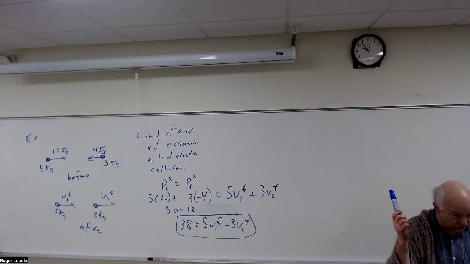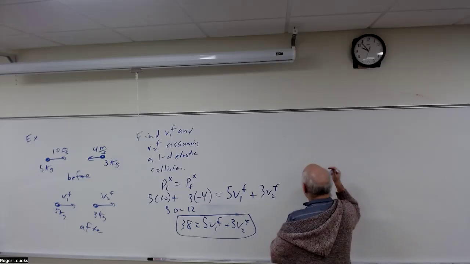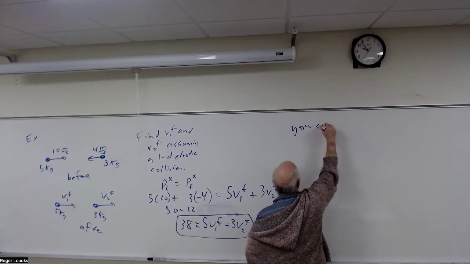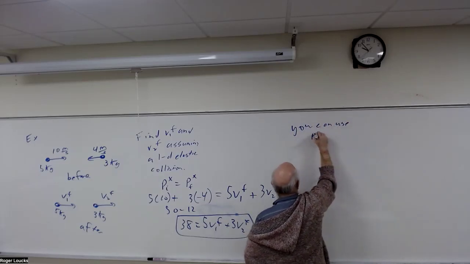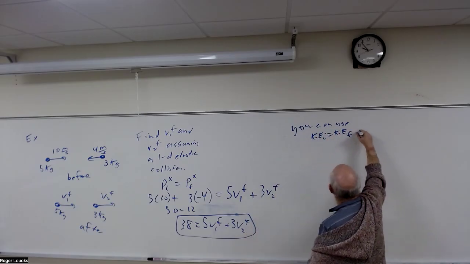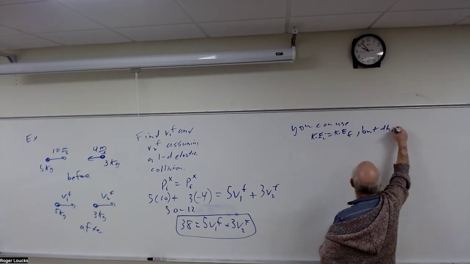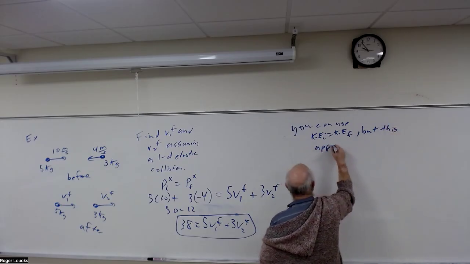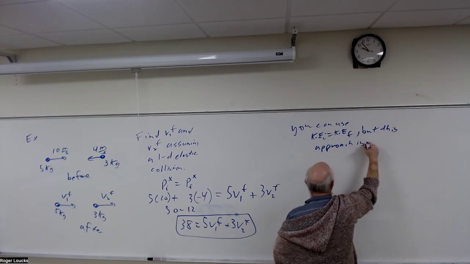The relative velocity flips. So you can use KE initial equals KE final, but this approach is more difficult.